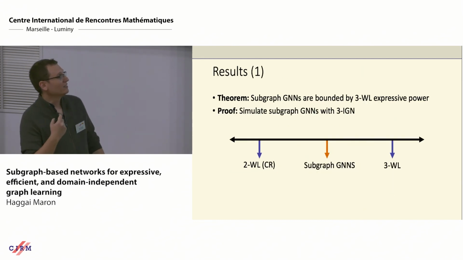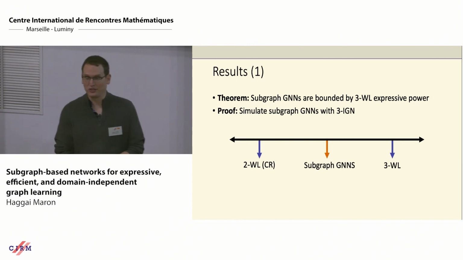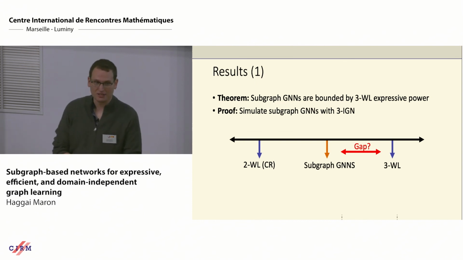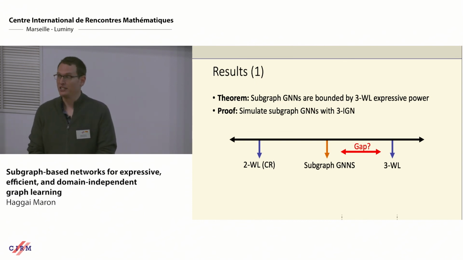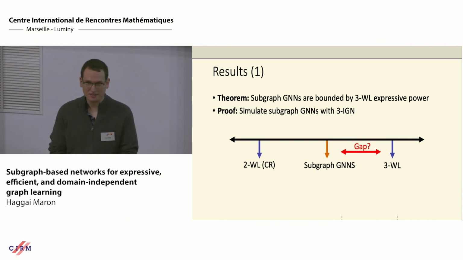And a direct application of that shows that subgraph GNNs are limited by 3WL. And this is because we can simulate all subgraph GNNs with 3 IGNs. So again, 3 IGNs are bounded by 3WL expressive power. 3 IGNs can implement all of the different subgraph selection policies and all of the layers that we discussed.